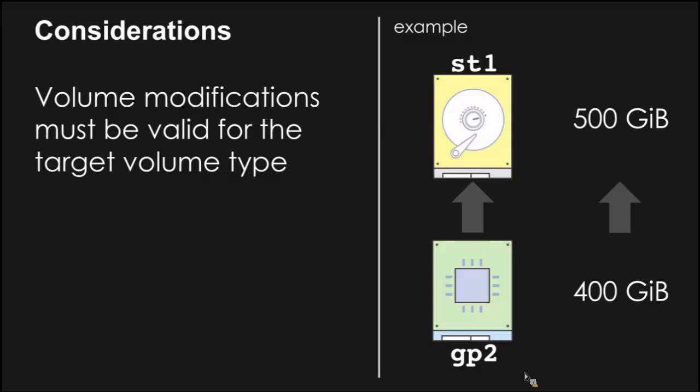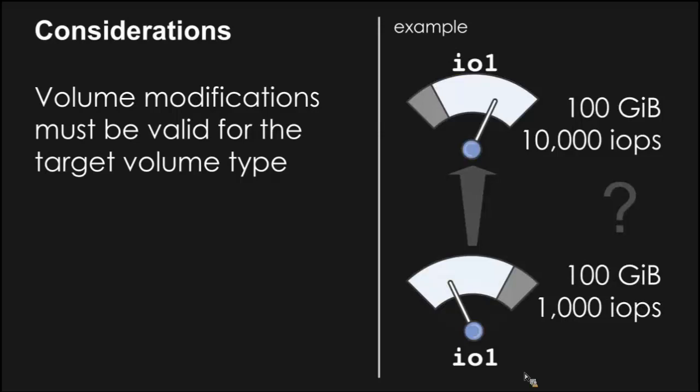We could then go to a 500 gigabyte volume for this example though. So again, if you can create a new volume with the volume characteristics you're planning on using as an end result of the modified volume process, basically how you want your target to look like at the end, then it will work.